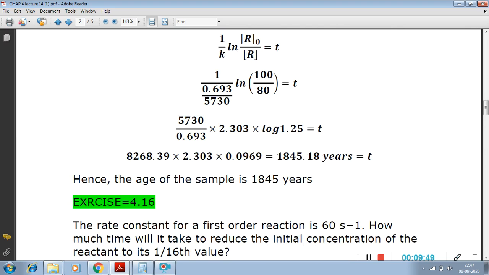Now this division gives 8268.39, into 2.303, into log 1.25, that is 0.0969. This whole multiplication gives 1845.18 years. That is our required time, that is the age of that wood sample.